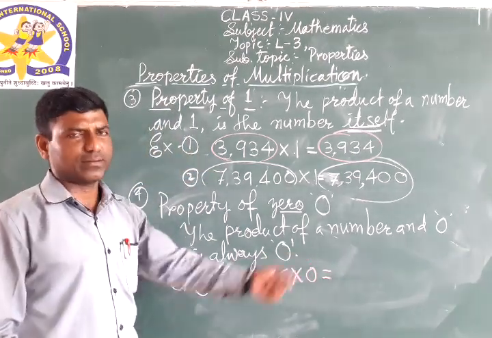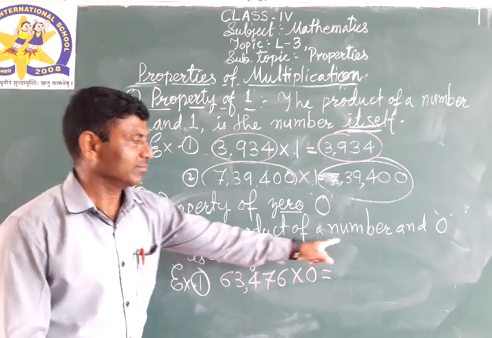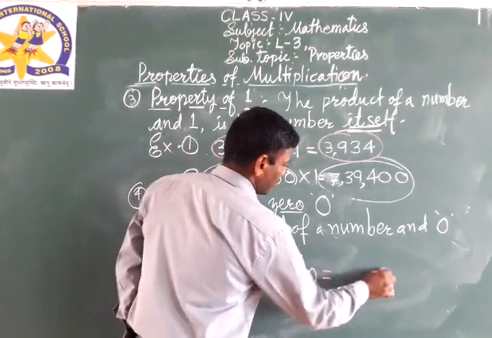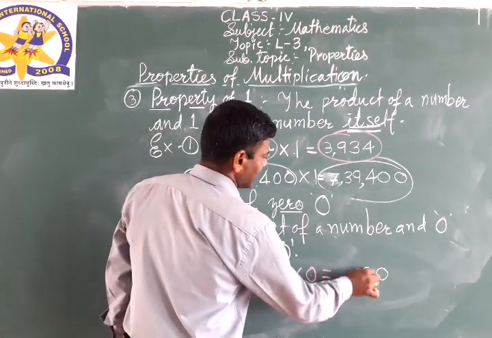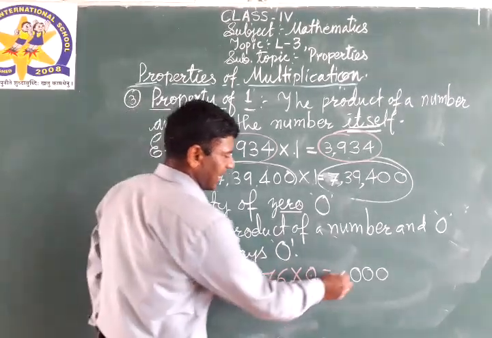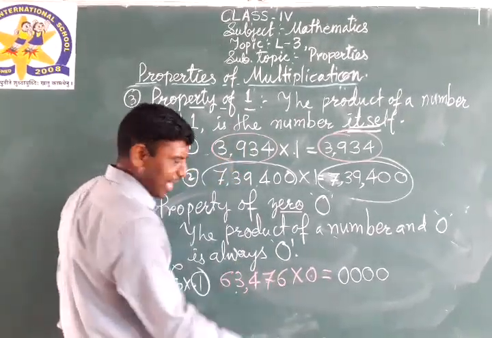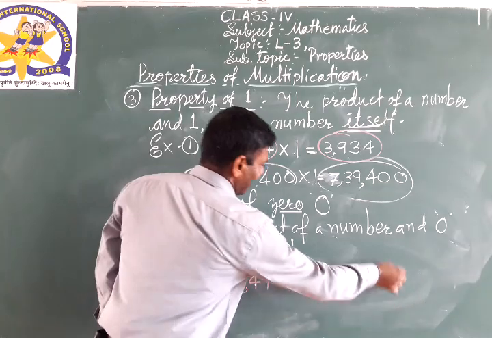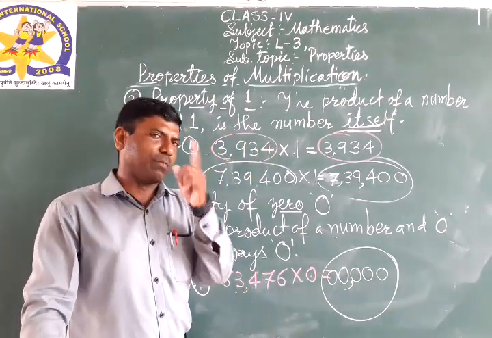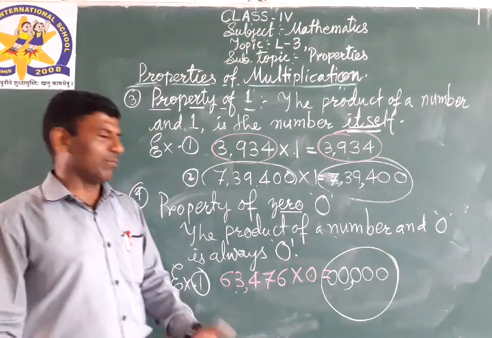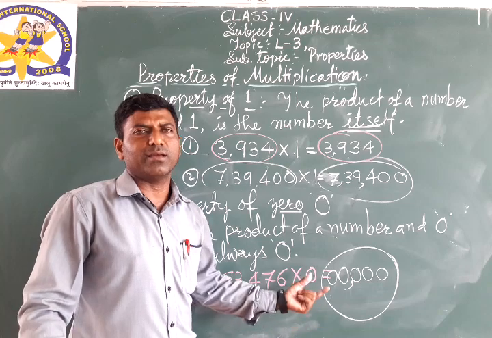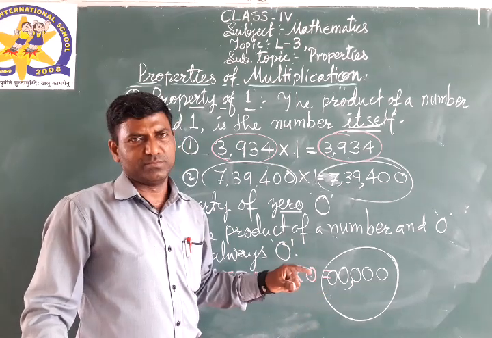What will be the product? 0. See, 0 6 the 0, 0 7 the 0, 0 4 the 0, 0 3 the 0, and 0 6 the 0. What is the product or answer? 0. Means if you multiply 0 to any number, the answer or the product will remain 0.